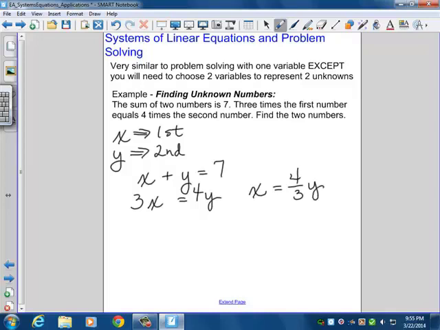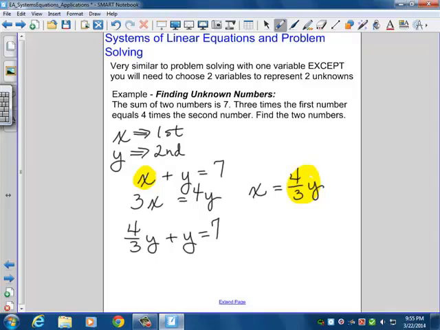Now I'm going to take that expression and I'm going to substitute it in for x in my first equation. So I now have 4/3 y, plus y is equal to 7. And really, I had to come up with one with fractions, right?